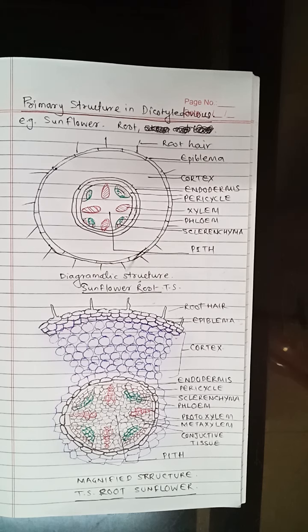So the endodermis is a single layer, the innermost layer of cortex, and it consists of compact barrel-shaped cells around the stele. The radial and inner walls are thickened.